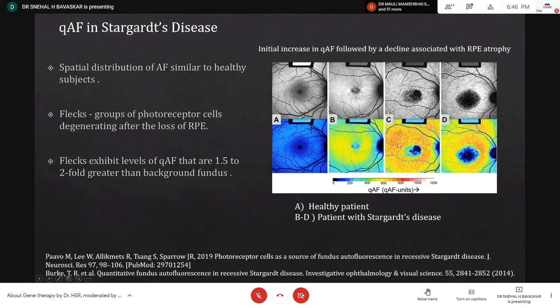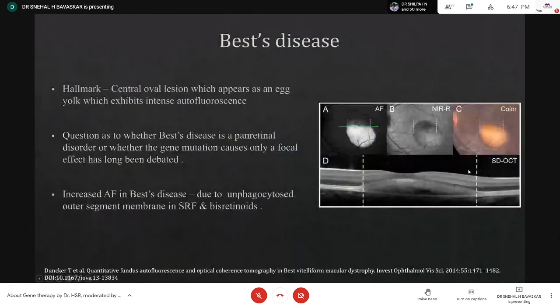As we move on to C and D, the quantitative autofluorescence values around the central fovea seem to increase. Patient C here has a lot of hyperautofluorescent flecks, which correspond to the red color in these images. Once the flecks atrophy in the later stages of the disease, the quantitative autofluorescence is seen to decrease.